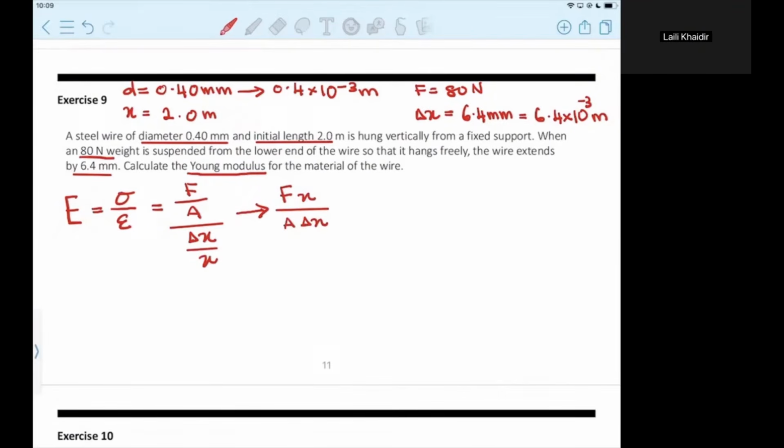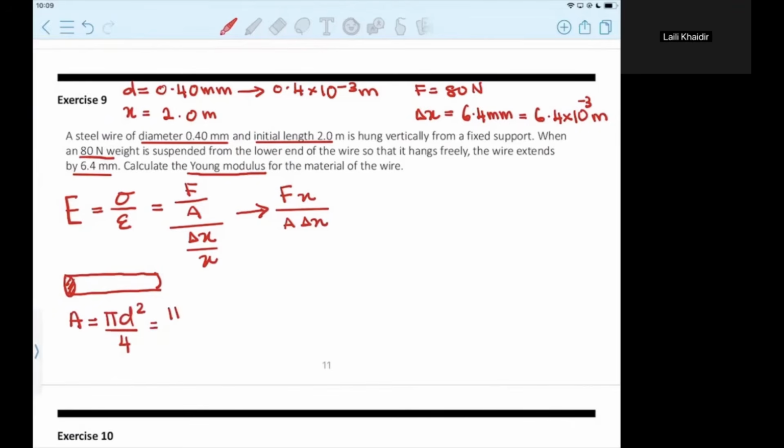We have all the values, but we don't have the value of area. So for the steel wire, what is the cross-sectional area? We know that a wire looks like this, so the cross-section is actually a circle. So the cross-sectional area of a steel wire, A, is equivalent to pi d squared over 4.